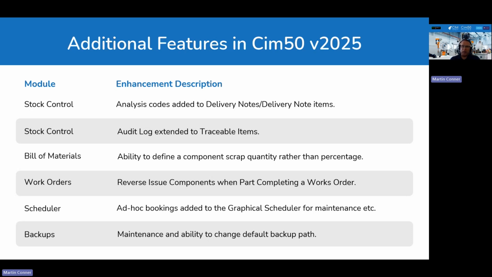We've expanded the scrap percentages on bills of materials. We now allow the reverse issue of components if you're part completing a works order. Our scheduler allows you to add ad hoc bookings such as maintenance, holidays, etc. And our backups routine allows you to change the path, maybe to a different server, to give you a higher level of resilience.